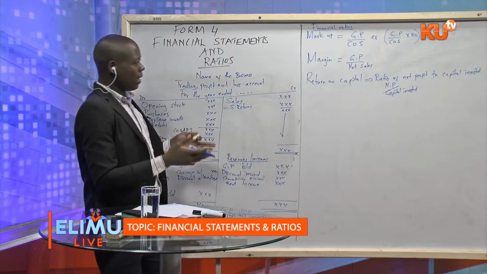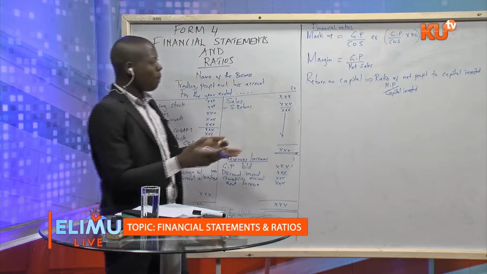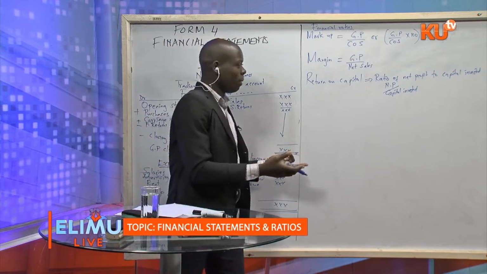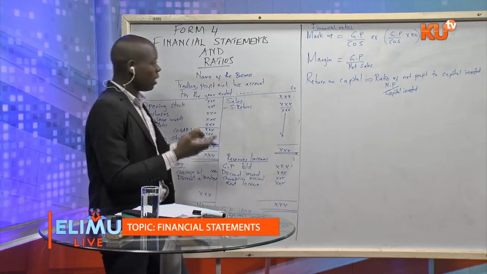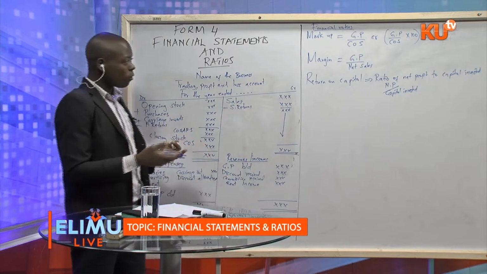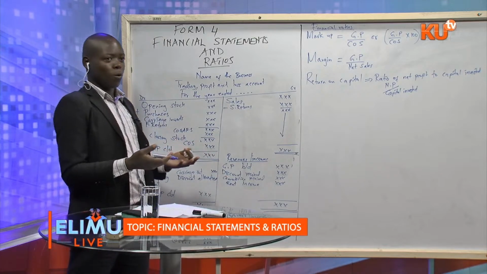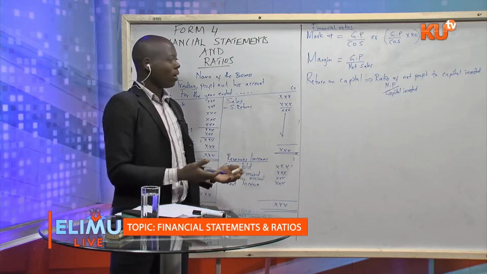So at the end of the day, the business owner is able to ascertain how much he or she made in relation to the amount of money he had actually invested in the business. And at the end of this topic also, we are going to discuss the types of capital. We have, for example, capital invested, as the one I've mentioned here. We have borrowed capital.